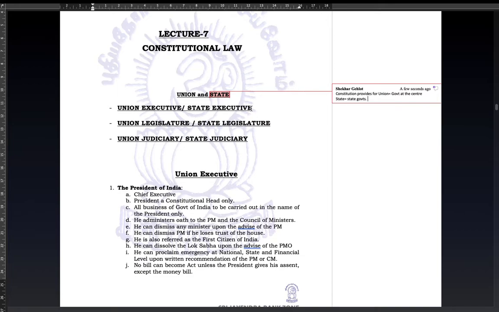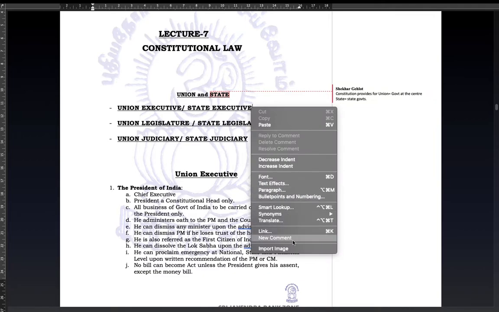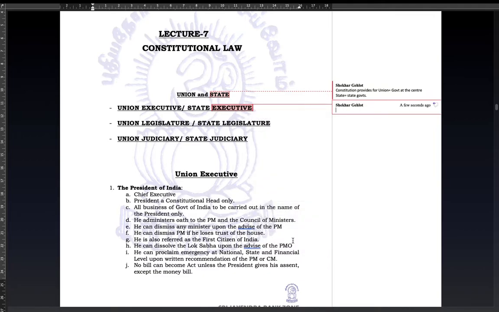We all understand what the executive is. The executive is someone who implements the law. Roughly we can say PM and cabinet for the center, CM and cabinet for the state.